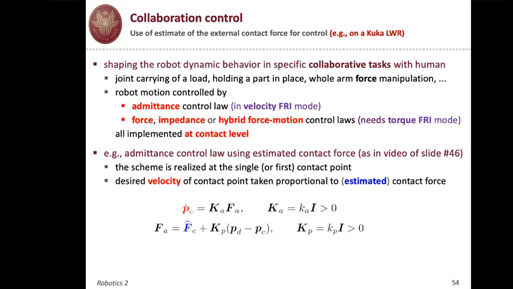We have a point PD, which is the position of the contact point when we detect the contact, so when the interaction begins. So that when the estimate of the contact force goes to zero, we will have a spring force recovering the contact point wherever it has gone to the initial point where the contact occurred. So this is the second equation.